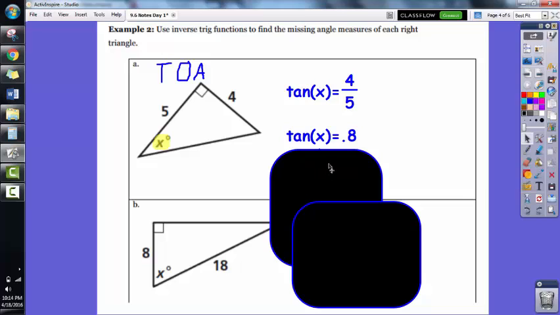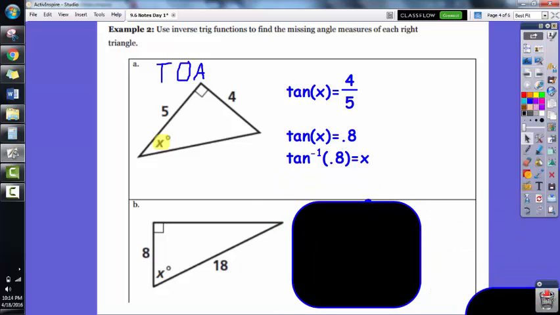Now, at this point, you're ready to use the inverse. So what you do is you flip the decimal with the angle, and you change it to the inverse. So the inverse tangent of 0.8, because that's the ratio of the side lengths, will equal angle x.